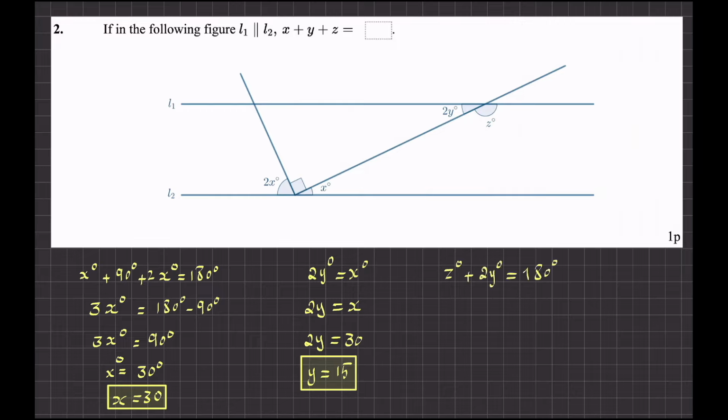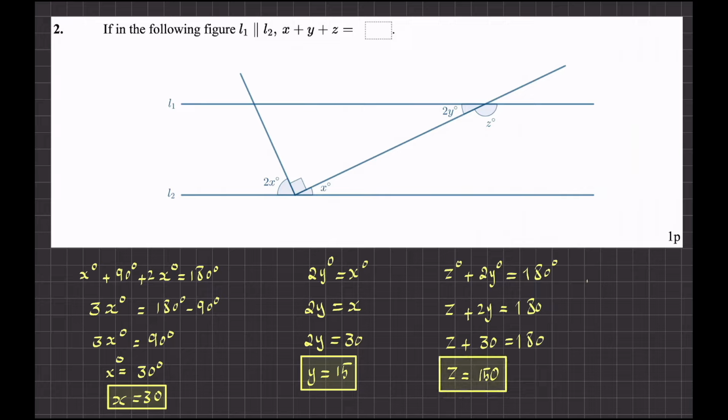I drop the degree sign, so z plus 2y is 180, but I just got y to be 15, so 2y becomes 30, and 30 plus z is equal to 180, and the z that I am looking for is 150 by moving 30 to the other side and making it negative.